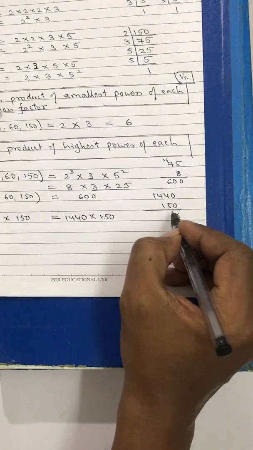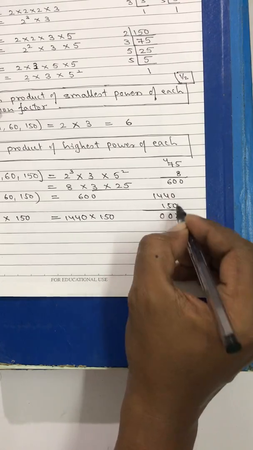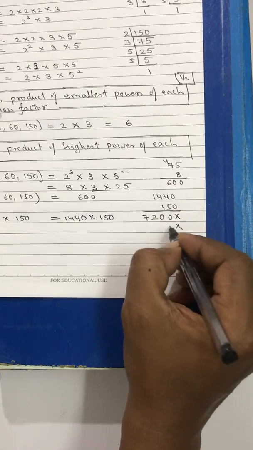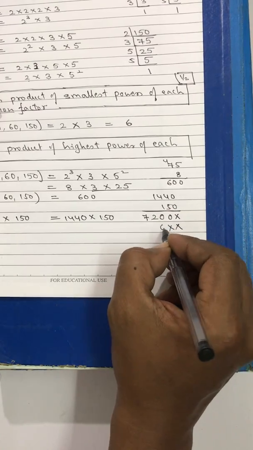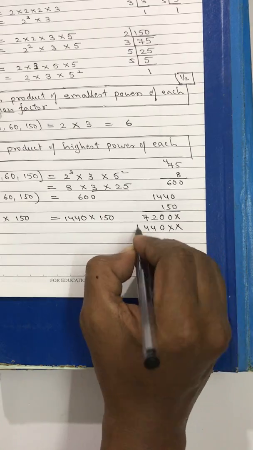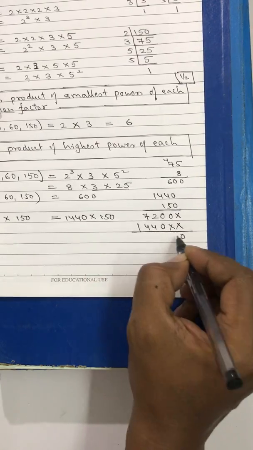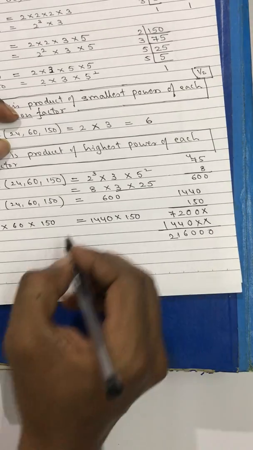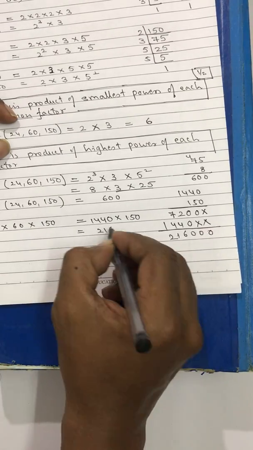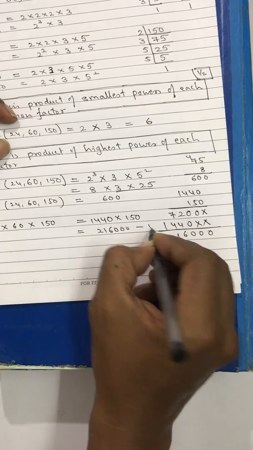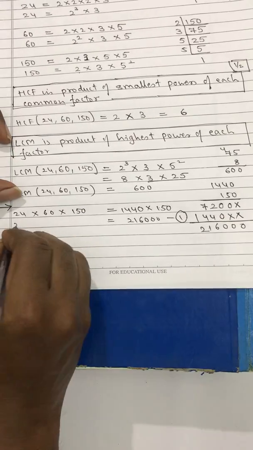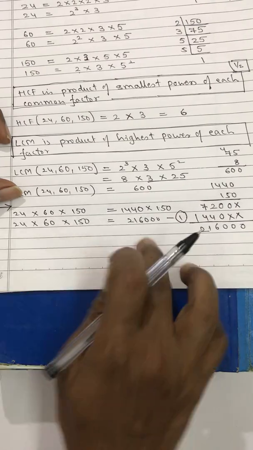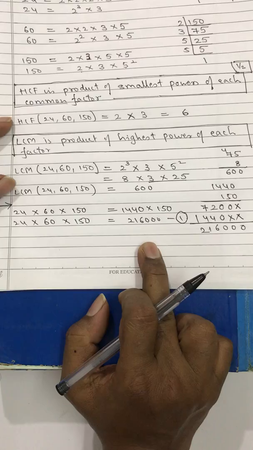Working through the multiplication step by step, this gives me 216,000. This is your first point: 24 into 60 into 150 is equal to 216,000.